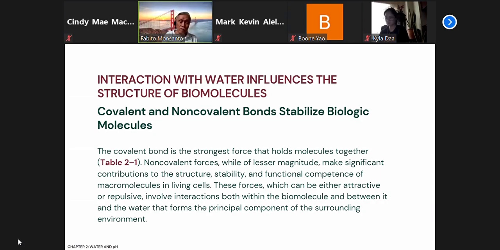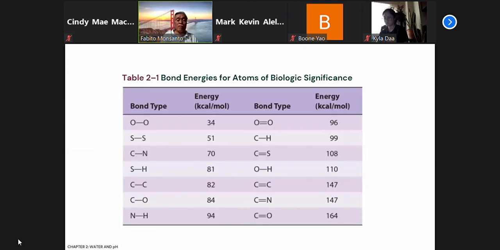Now we have here oxygen bonded to another oxygen. To break that bond, it will require 34 kilocalories per mole.